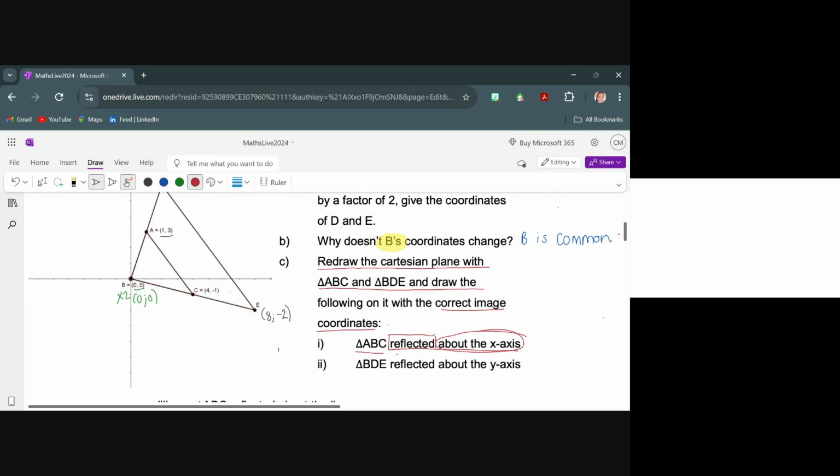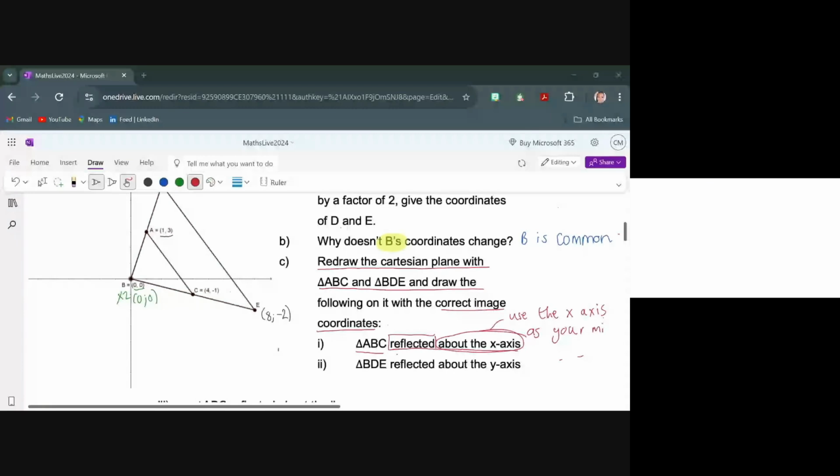So we're using something as our reflection. And when they say we need to reflect this about the x-axis, what they're technically saying is use the x-axis as your mirror.